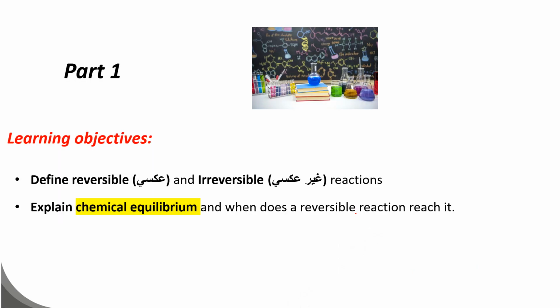Okay, so guys, in part 1 we are going to define reversible and irreversible reactions, تفاعلات عكسية وتفاعلات غير عكسية, and we will explain chemical equilibrium and when a reversible reaction reaches it. So far we have been studying irreversible reactions, one direction, اللي هي تفاعلات غير عكسية, يعني من A and B. That's it.